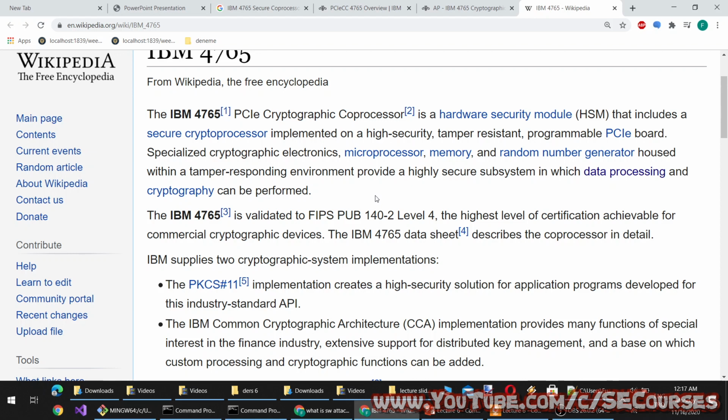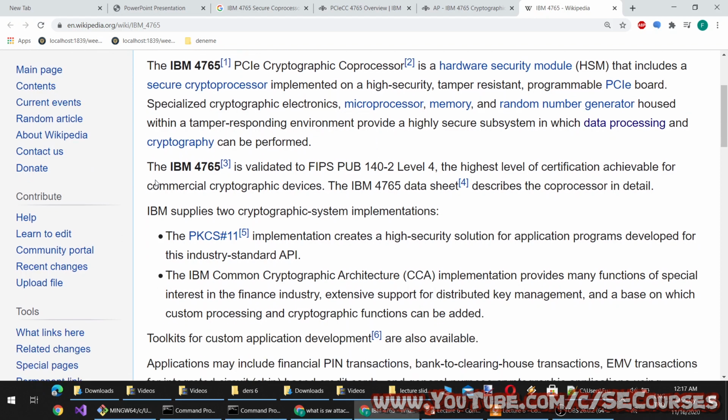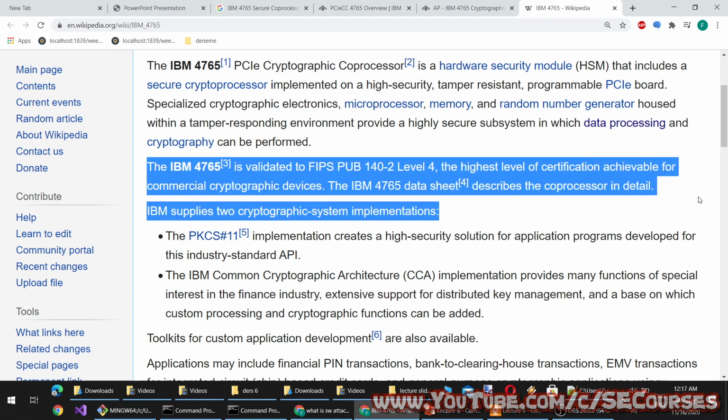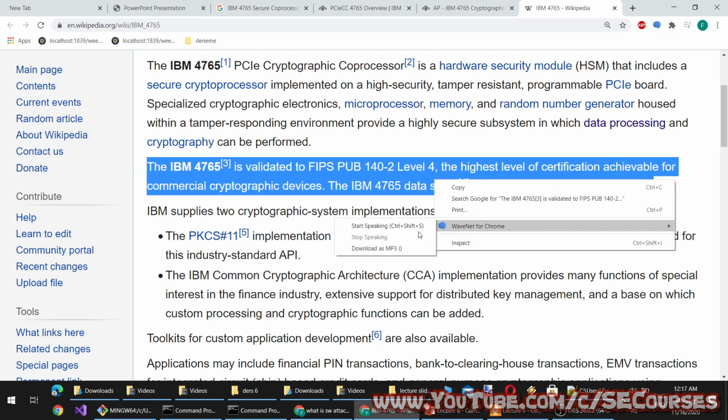Specialized cryptographic electronics, microprocessor, memory, and random number generator housed within a tamper-responding environment provide a highly secure subsystem in which data processing and cryptography can be performed.